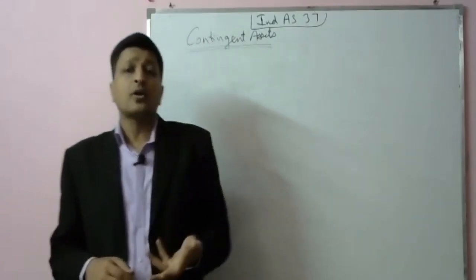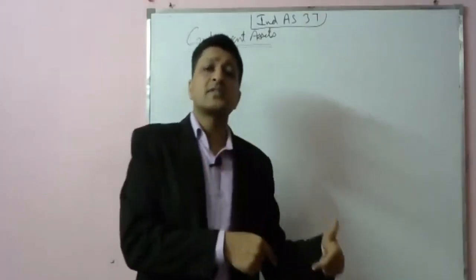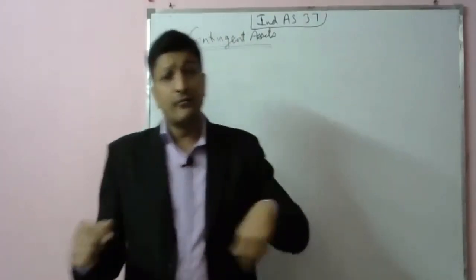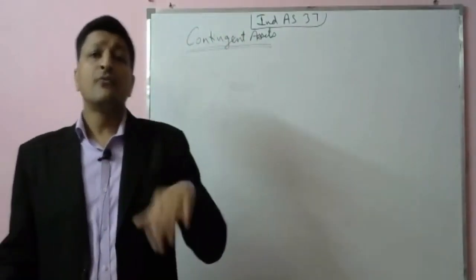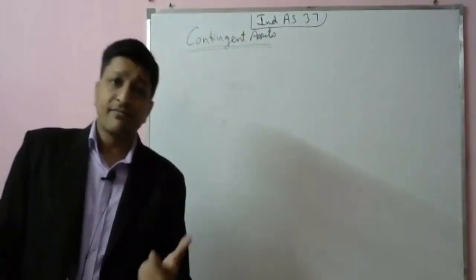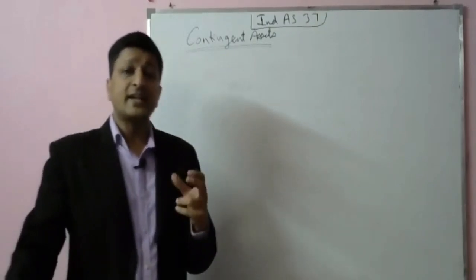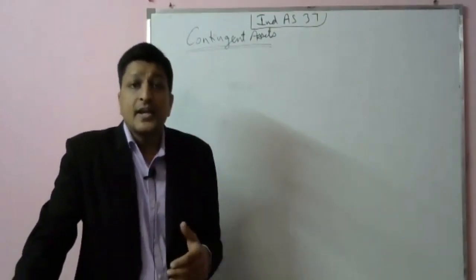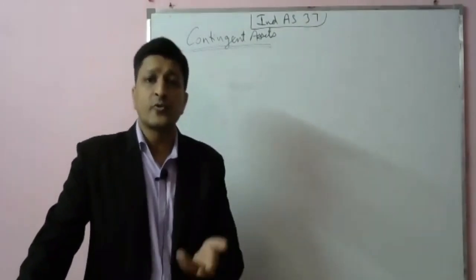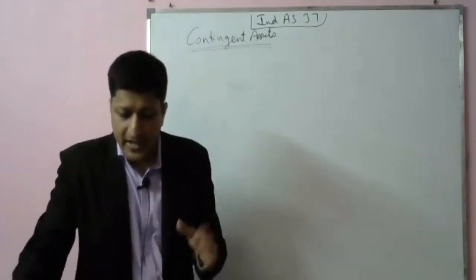Now we are talking about uncertainty whether it would take place or not, something we discussed in case of contingent liability. That sort of uncertainty, when it arises in relation to any inflow of resources that we are analyzing, becomes a contingent asset.